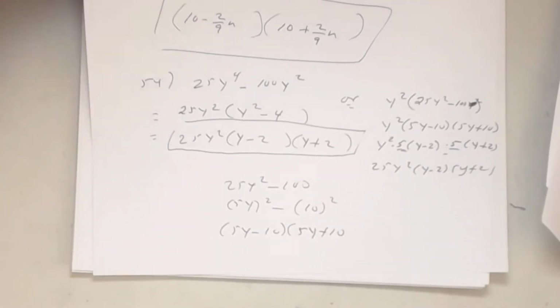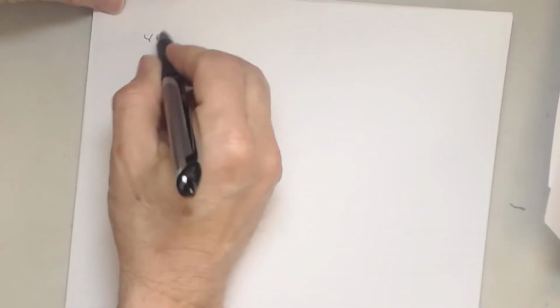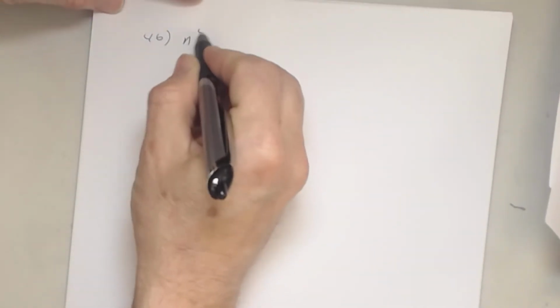Okay, look at 46. Okay, so that's what I have. N to the fourth minus 16. Is that the difference of two squares? Well, first of all, GCF is what? 1.